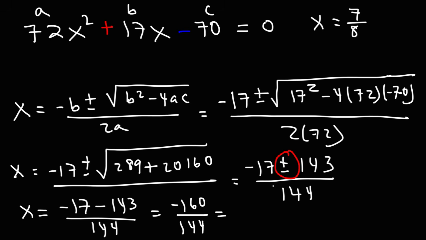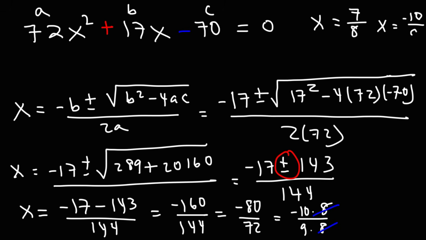If we divide by 2, half of negative 160 is negative 80, half of 144 is 72. So these are numbers that we can deal with. So we know that 72 is 9 times 8, and 80 is 10 times 8. And let's not forget the negative sign. So if we cancel an 8, we're left with negative 10 over 9. So that's the second solution to this equation.